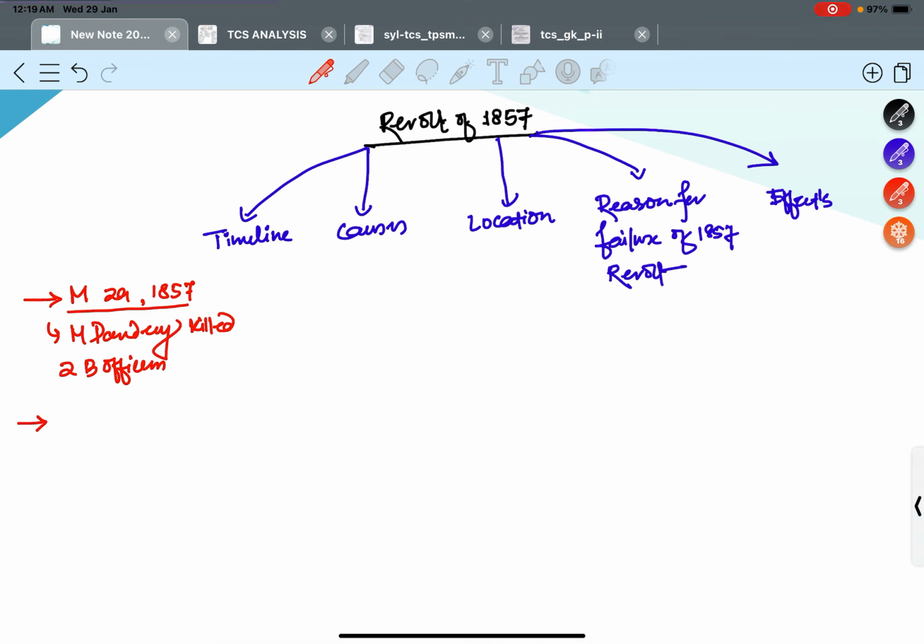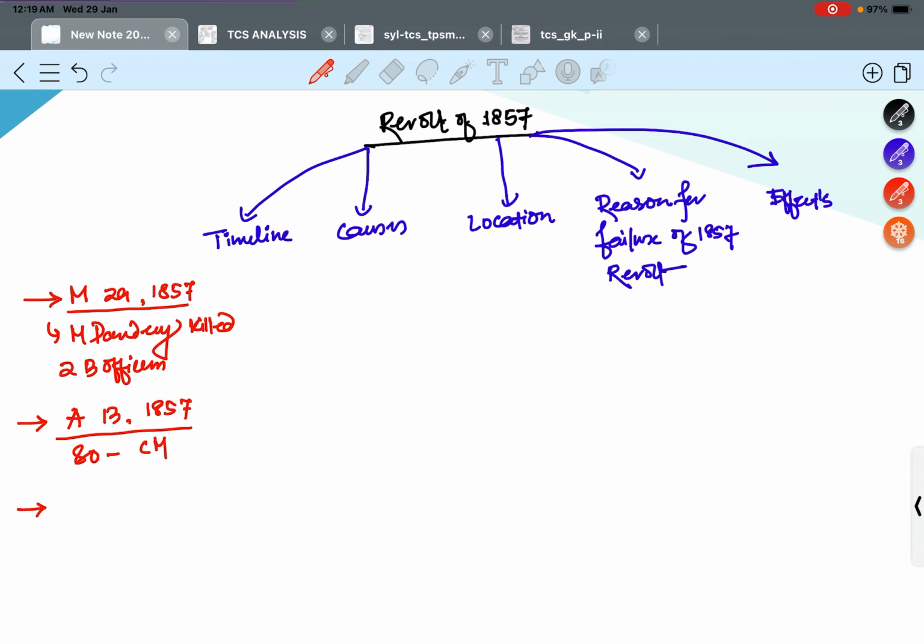Now second, on April 13, 1857, there was another incident. 80 soldiers refused to use those cartridges that were provided by the British army. Those 80 soldiers were court-martialed.